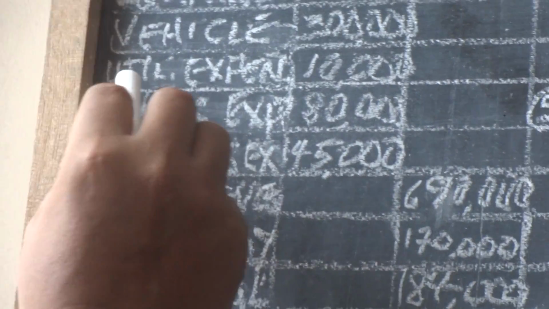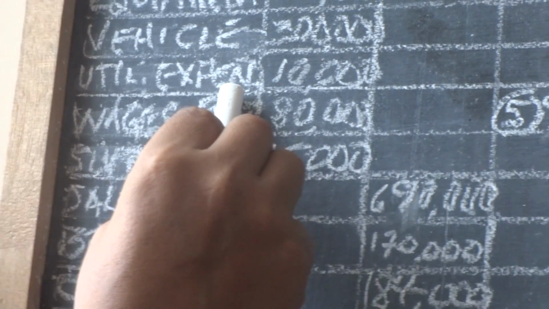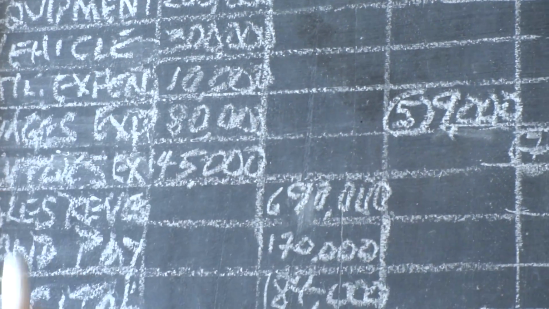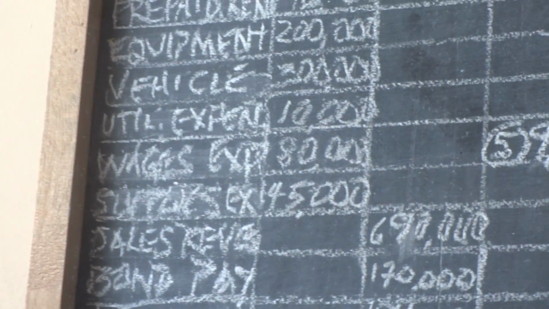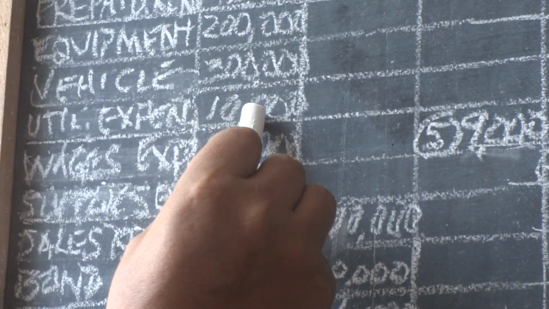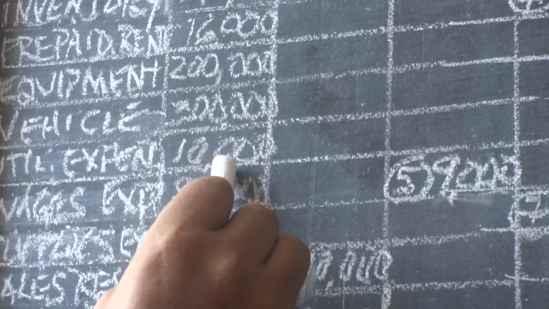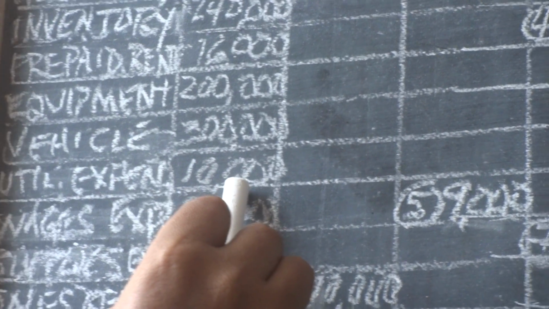Then we have the utilities expenses which are conformed by water and electricity in order that the Moon Company exercise its commercial activities.